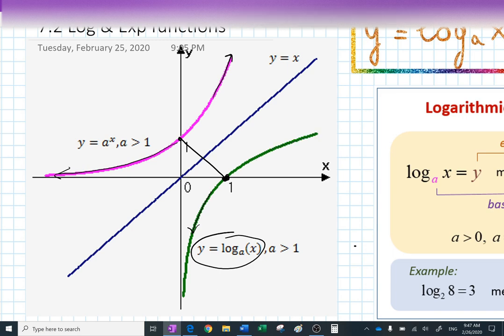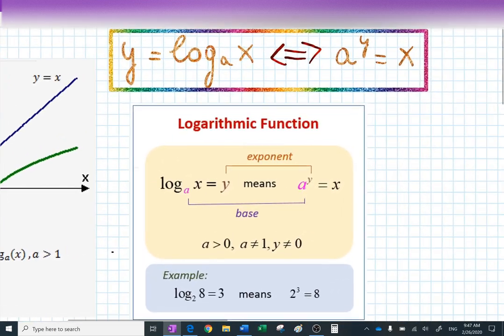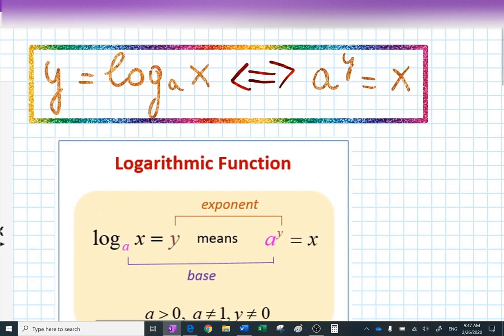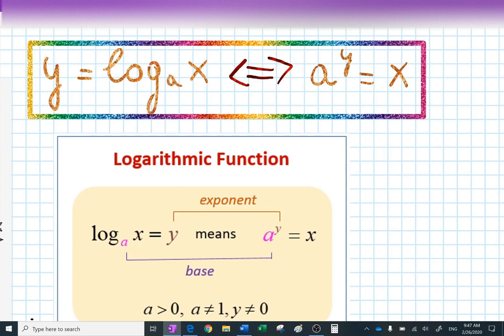And we have to discover all of those ideas right now and remember the formula. The most important idea here is how to jump between logarithm and exponential function. If you're given an exponential function x equals a to the y, then the logarithm will be y equals log base a of x. That's how they are undoing each other.